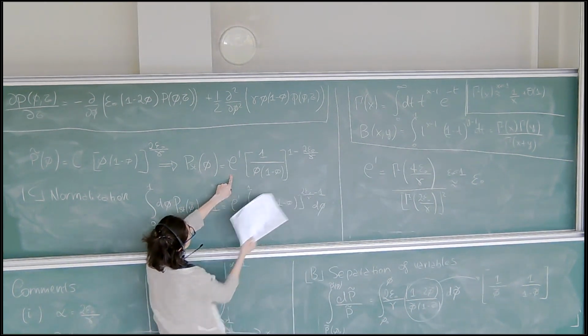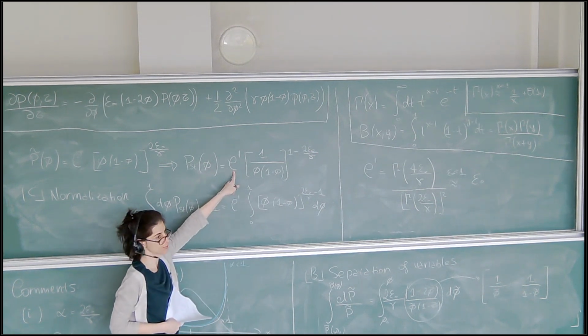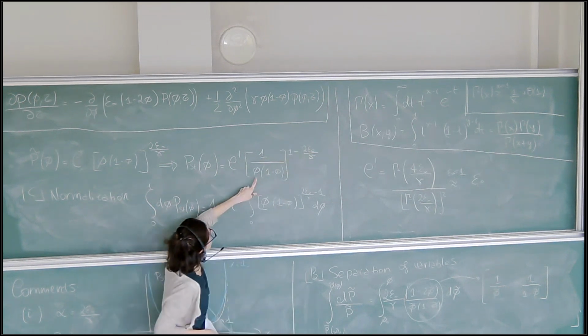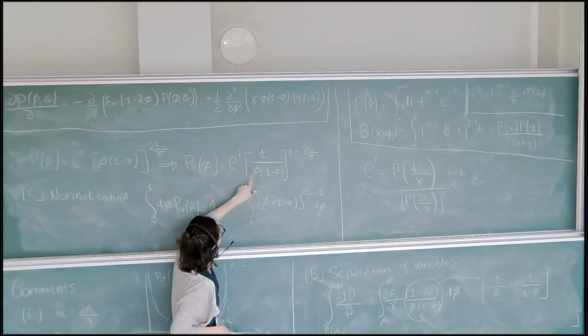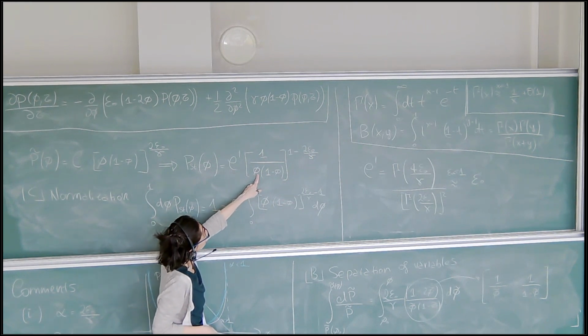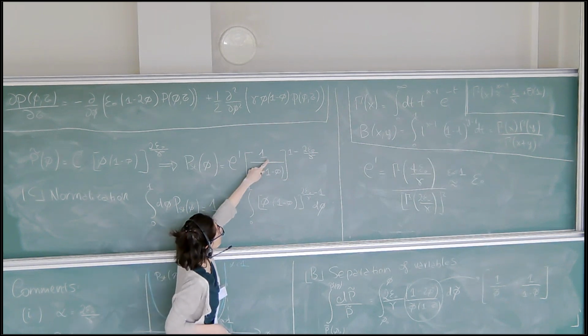So you see from this expression, you have a coefficient in front which goes to 0 when you send epsilon 0 to 0. And you have an exponent which is going to 0. So you have a term which is 1 over phi (1 minus phi) times something which is going to 0. This means that as long as phi is different from 0 or 1, you are regular with this term.